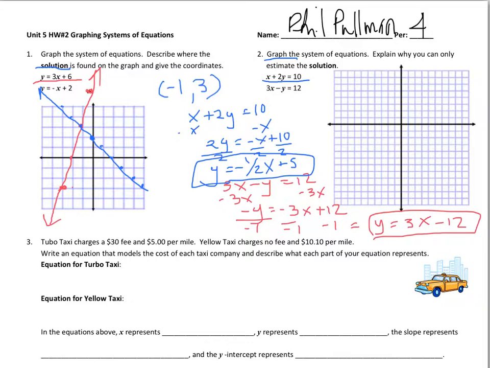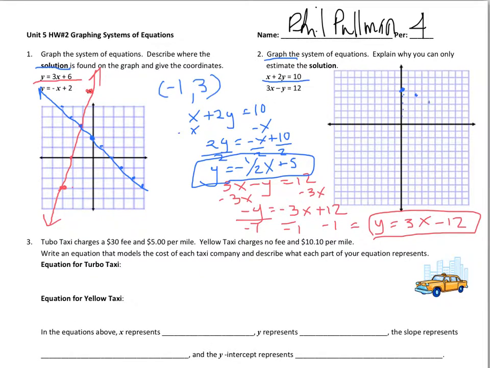Well, let's try our blue line first. Positive 5 is where I start, so 1, 2, 3, 4, 5 is right there. Negative 1/2 is my slope, so I'll go down 1 over 2.